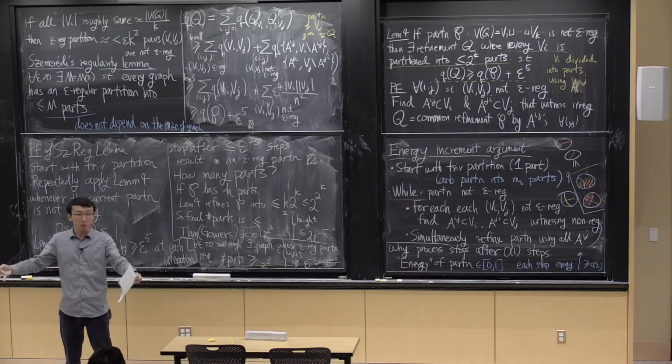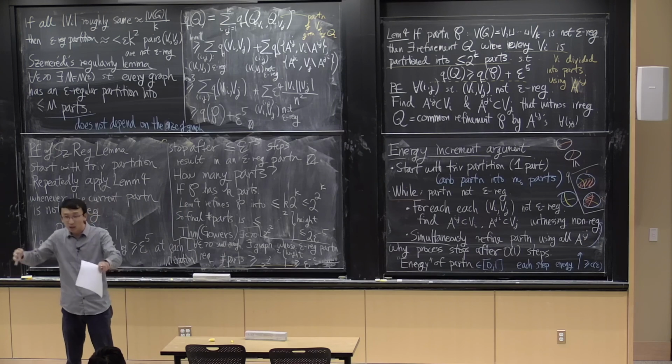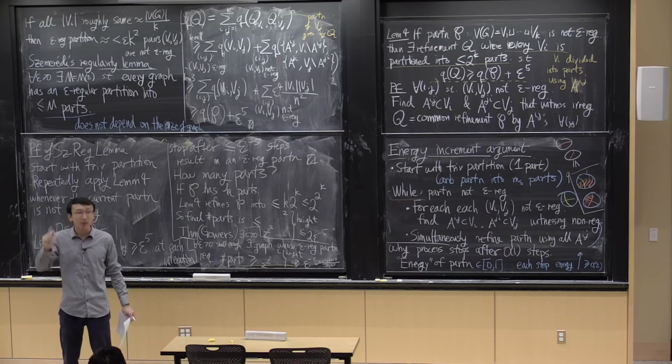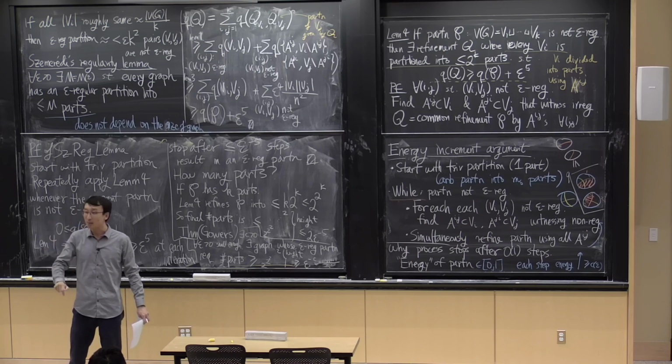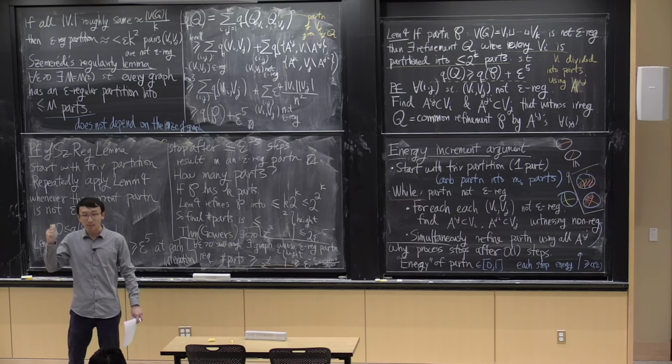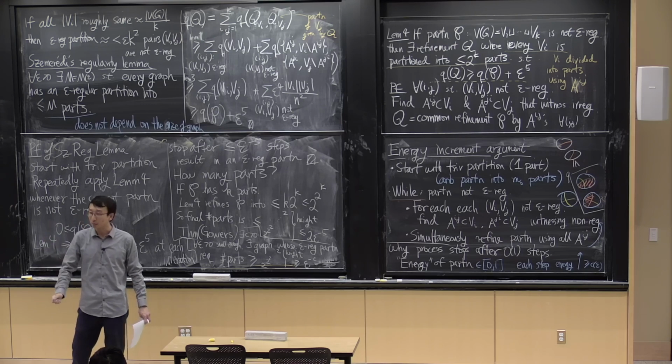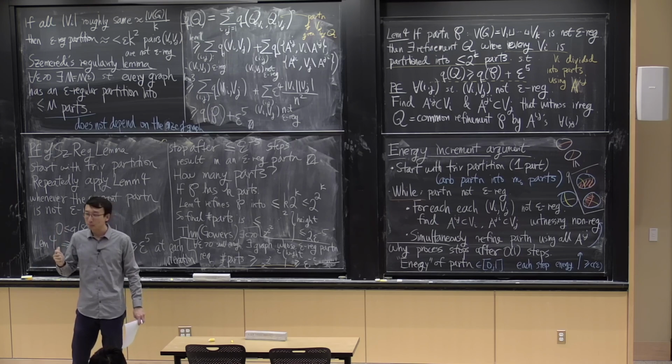I get something that's epsilon regular. I say, I'm just going to divide things up a little bit further. That doesn't work, because the property of being epsilon regular is actually not preserved under refinement. So look at the definition. You have something that's epsilon regular, you refine the partition, it might fail to be epsilon regular. So you really have to dig into the proof to get equitability.